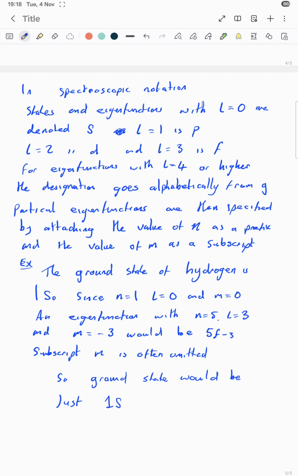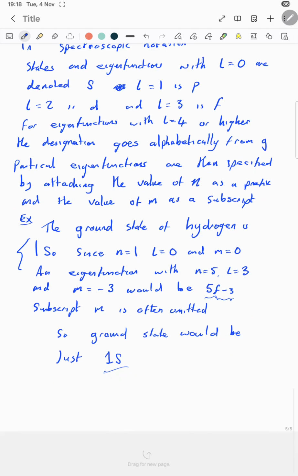This is ground state hydrogen right here. And an eigenfunction with n equals 5, L equals 3, m equals -3, we get a 5F state with -3 as m. But the subscript m is often omitted. So the ground state would be just 1s.